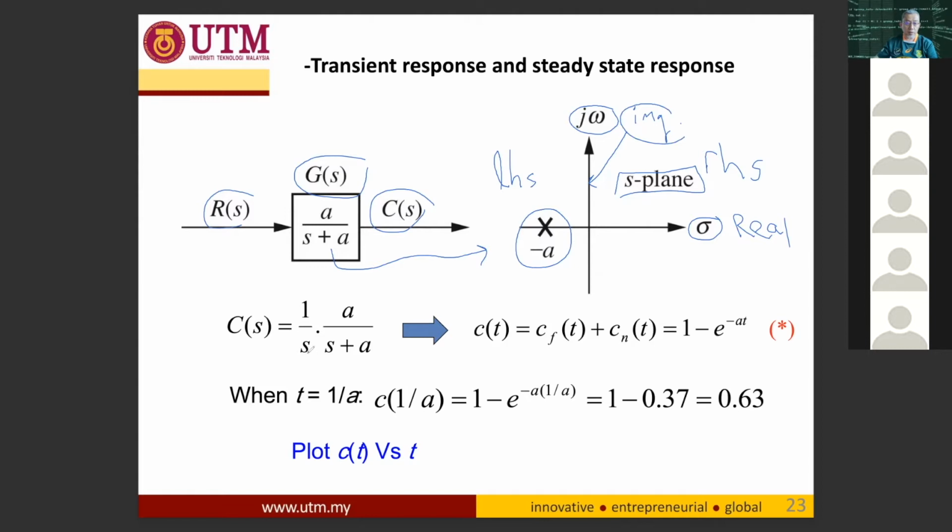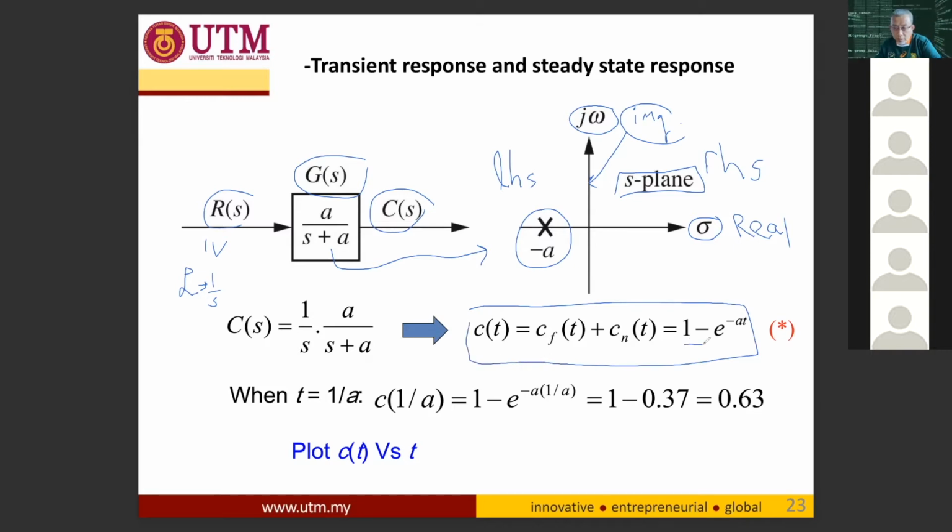So C(s) is equal to 1 over S, where R is 1 volt. Kalau Laplace, you will get 1 over S. So 1 over S multiplied by A over S plus A. Then we apply the partial fraction expansion, then we apply inverse Laplace.